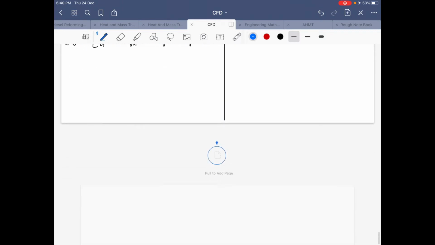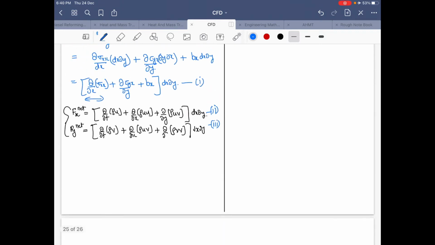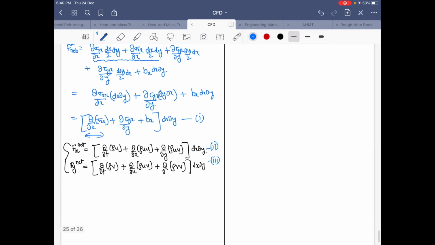Now if I substitute this force here, what will I get? I will get del by del t rho u plus del by del x rho uu plus del by del y rho uv, and in the bracket I will have dx dy.